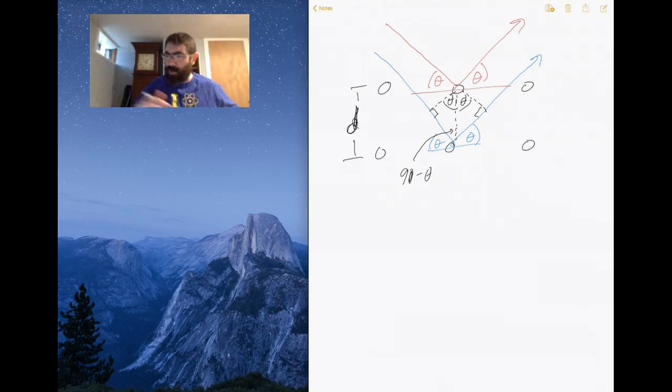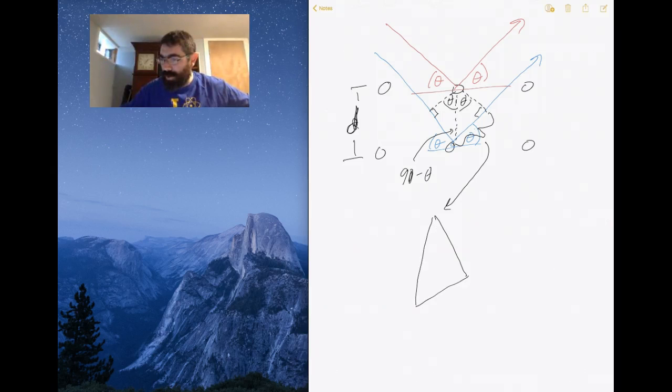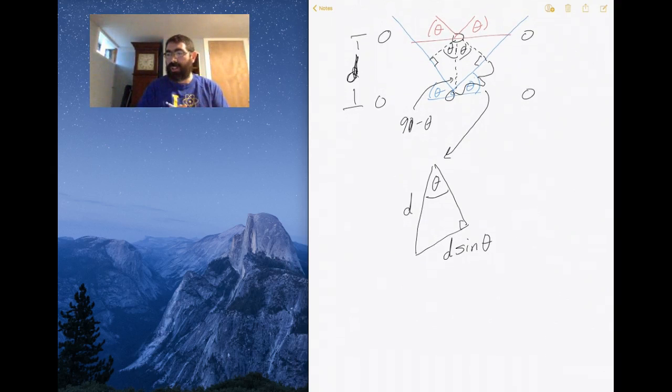Now if I look at this triangle right here, what I have is the distance d, the distance between the planes of atoms, and I have my angle theta right there, which means this length here is d sine theta. So that's the length that the wave is traveling.